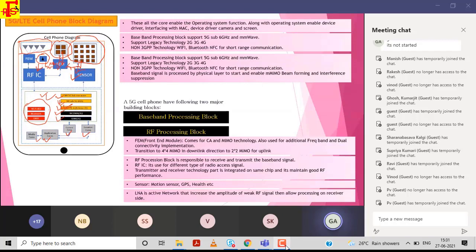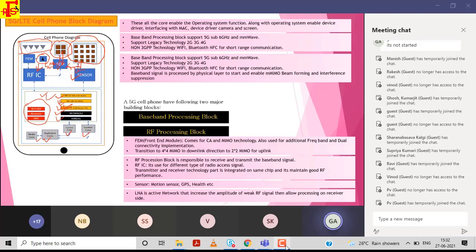So LNA, the low noise amplifier, is there. These are the components, and there are also some other components. I have not mentioned all the components; these are the basic components which we know. After that, in the baseband processing block, the code supporting all the RATs is there: 5G, LTE, and other legacy networks, 2G and 3G.